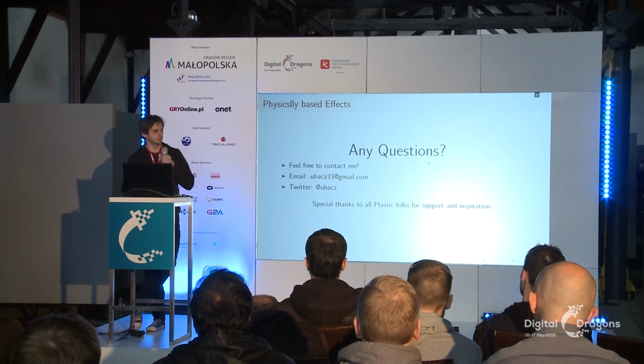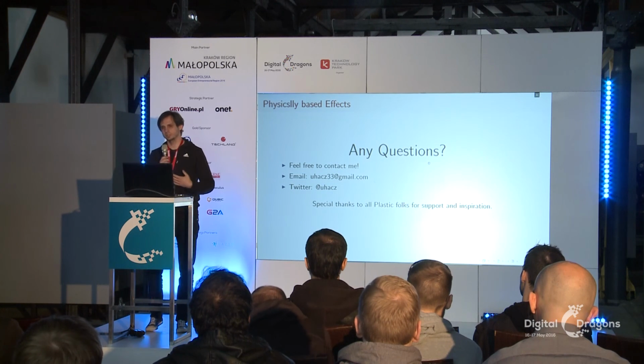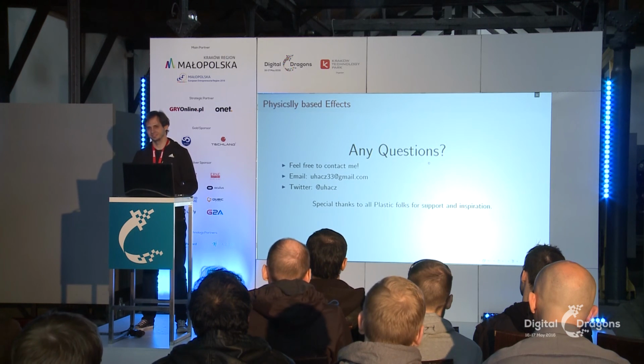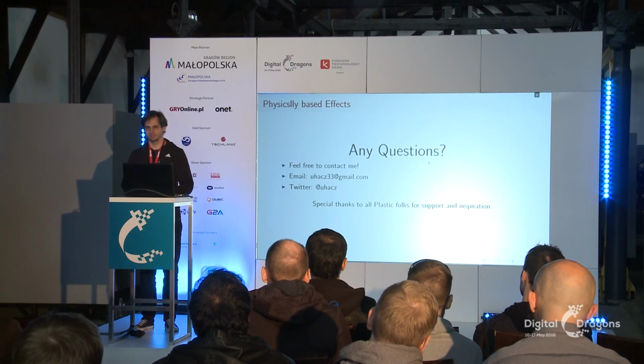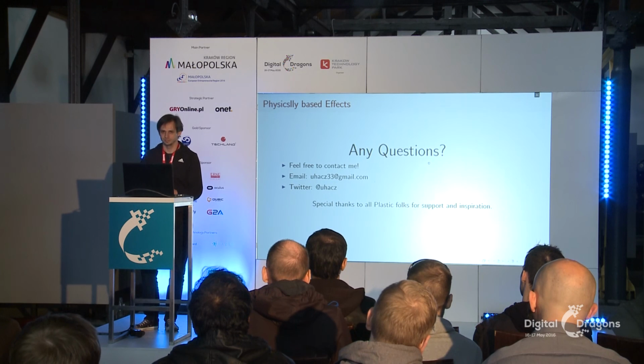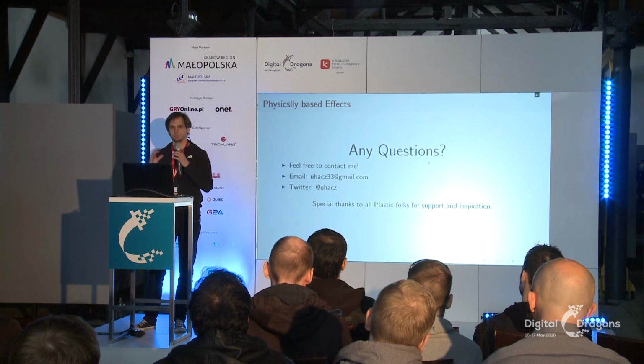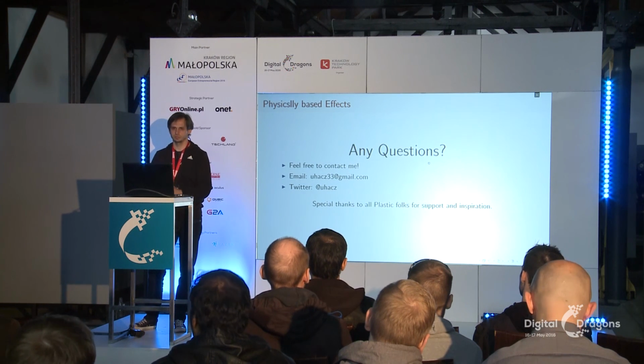In my effects, I don't use skinning. So basically, all the particles are mapped to vertices of those meshes, or how does it work? The character mesh and the effect mesh are separate meshes. Okay, thanks.